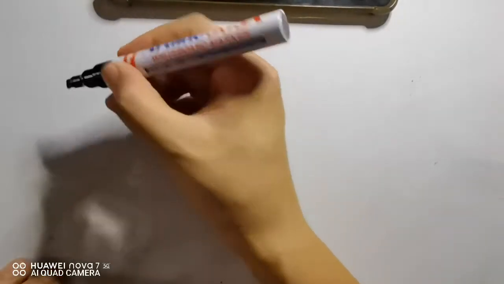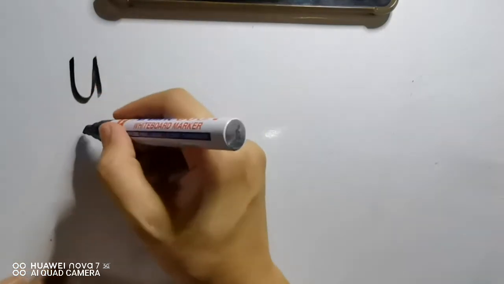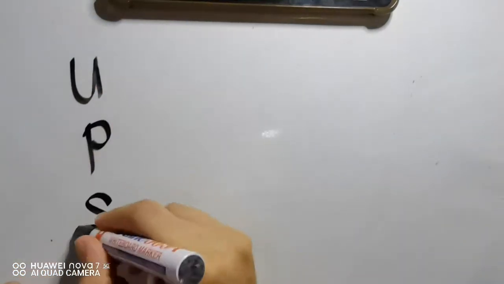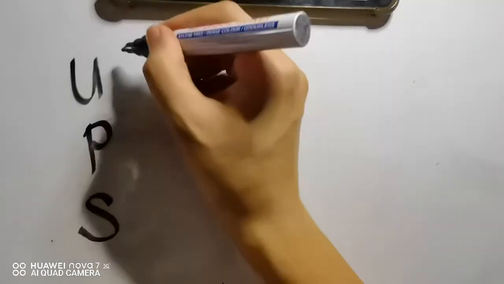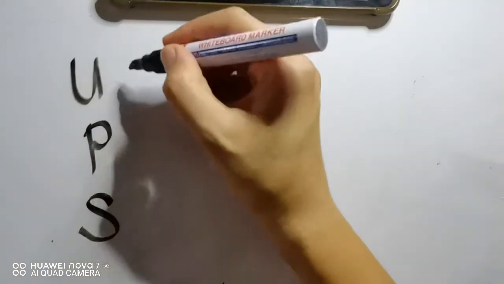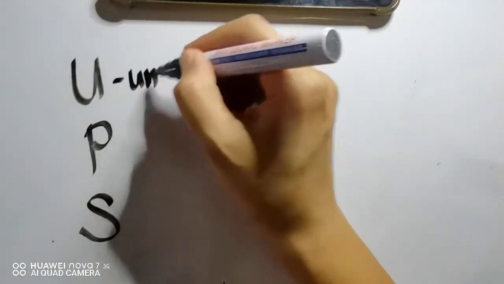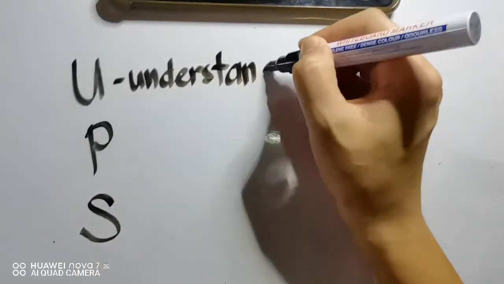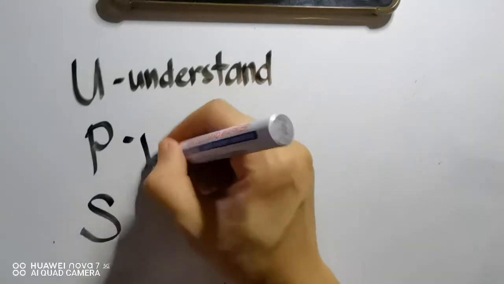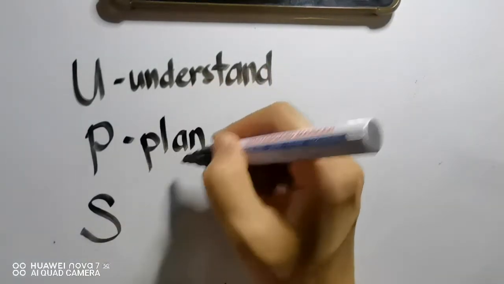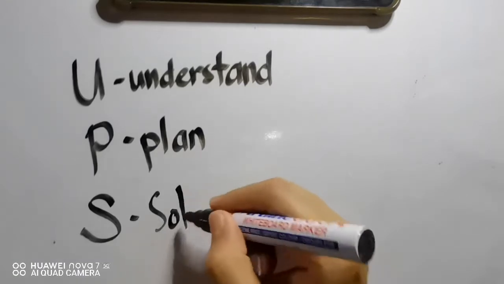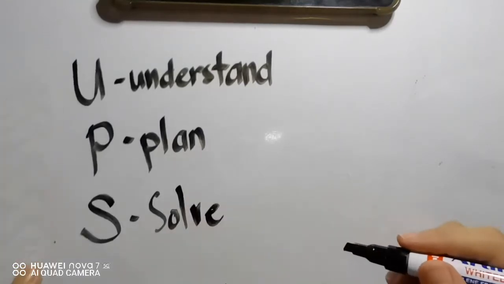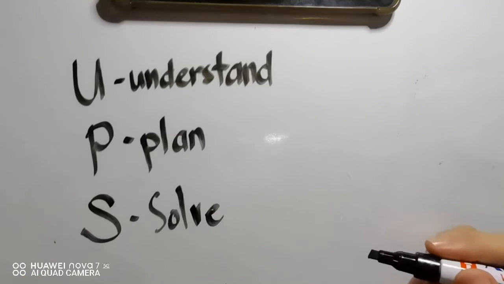Okay, so U, P, and then S. Here, U means understand, P is plan, and S is solve. So that is its acronym, UPS, or it's up to you what you want to call it.